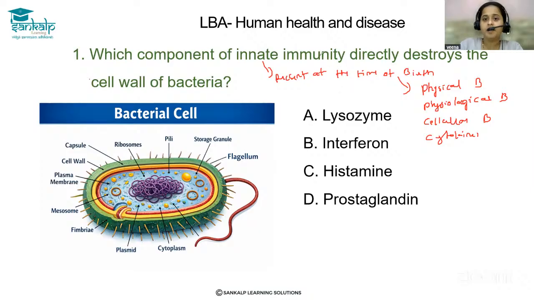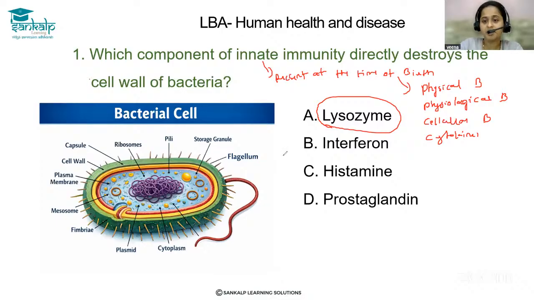So here innate immunity is okay. So the lysozyme. Okay, so this is actually that is a part of innate immunity that is going to destroy the cell wall of bacteria. Okay, so the cell wall of bacteria is made up of peptidoglycan.